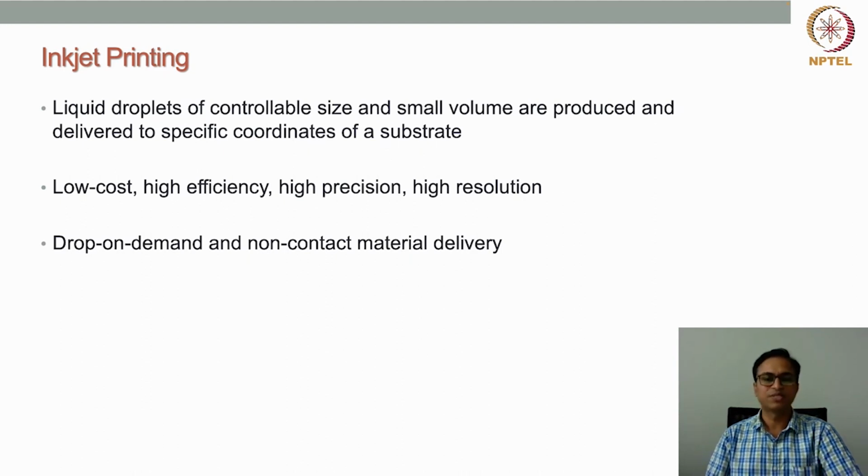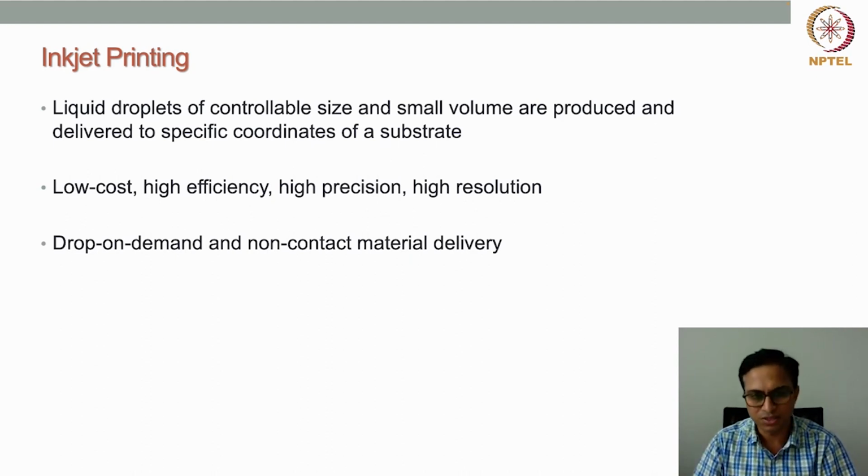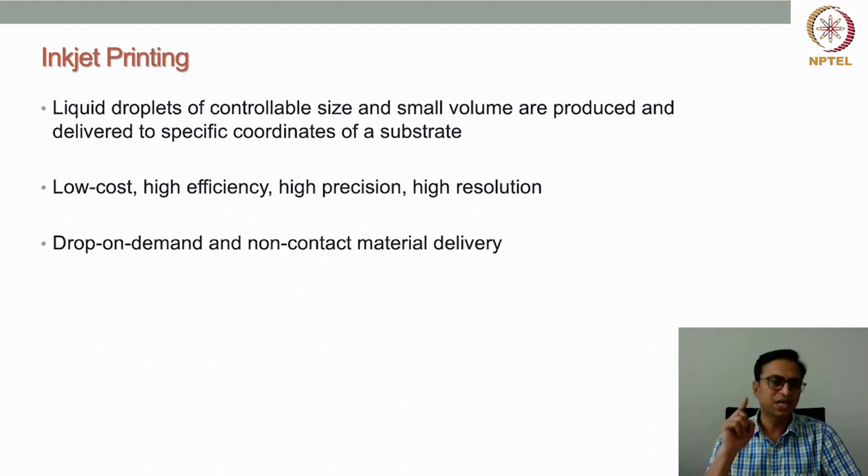Because here, the printing nozzles and the stage are not connected, and they are not connected to the materials also, right? Discrete separate droplets are produced from the nozzles, and those droplets are delivered or printed on the printing stage. So nowhere do the printing stage and the nozzles come in contact with each other. So this is a non-contact delivery.